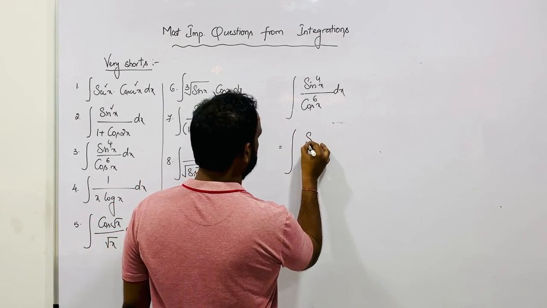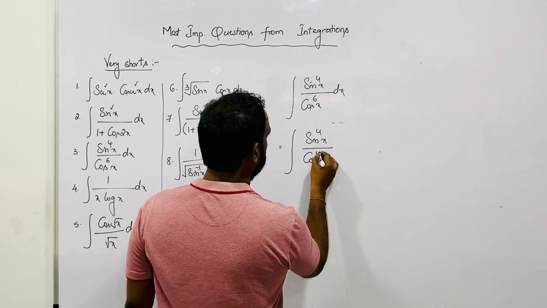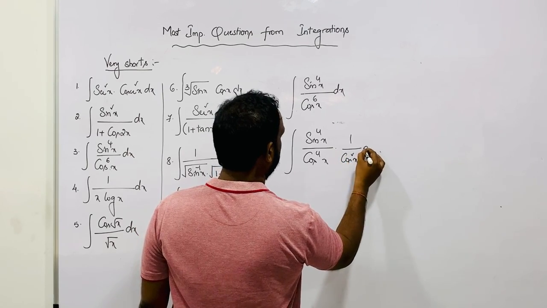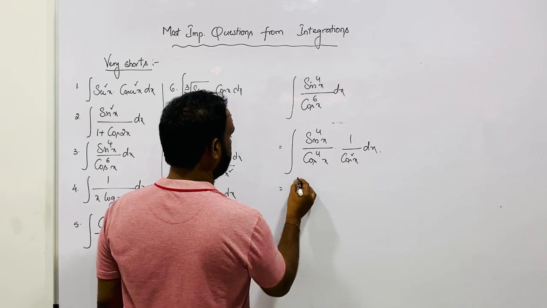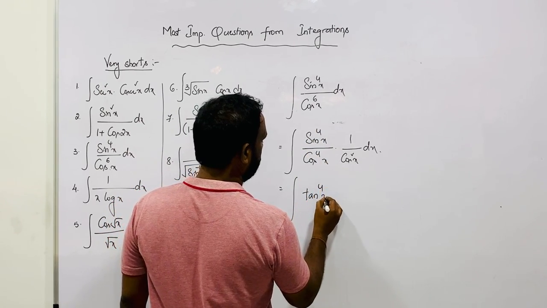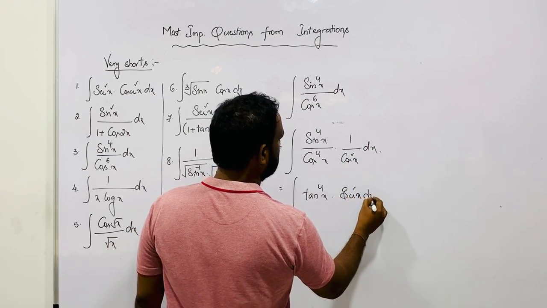So you will get sin power 4x divided by cos power 4x into 1 by cos square x dx. Then sin by cos is tan, then you will get tan power 4x into secant square x dx.